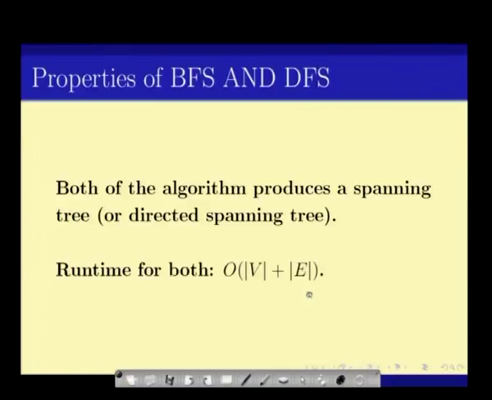The runtime is order V plus E. Note that V plus E is the size of the adjacency list. So, first of all, DFS and BFS are used for finding a spanning tree.